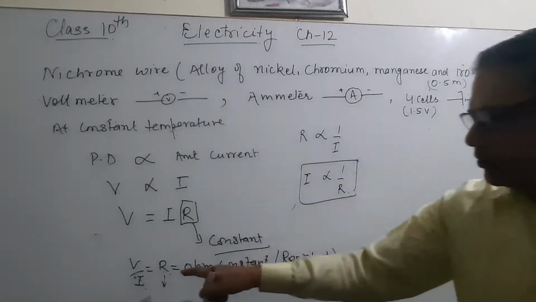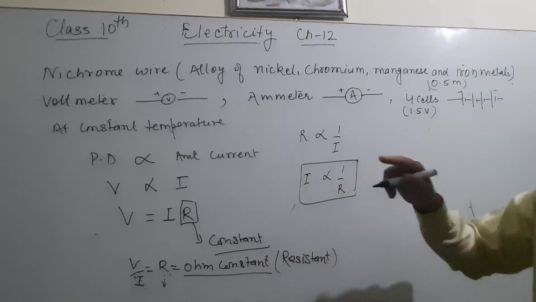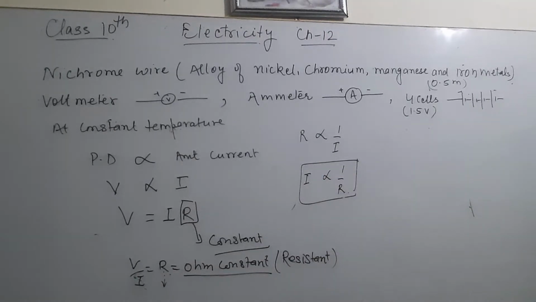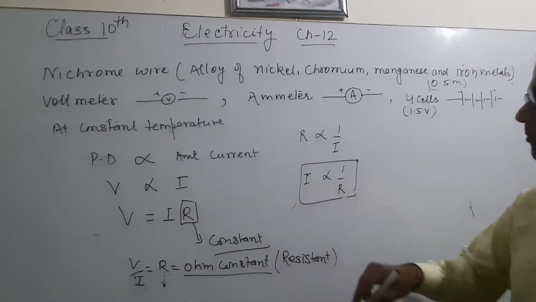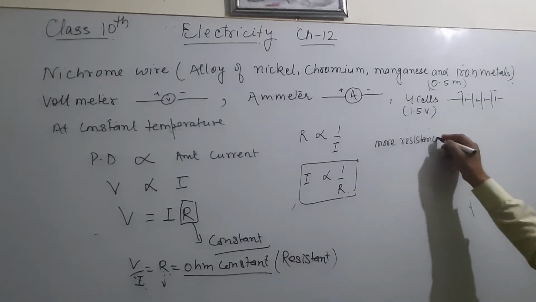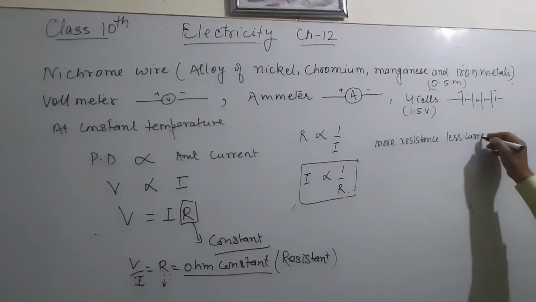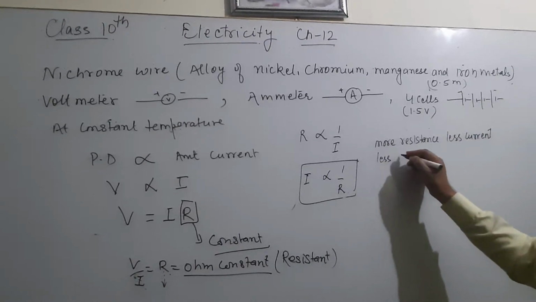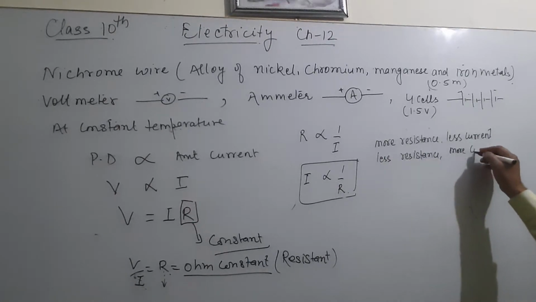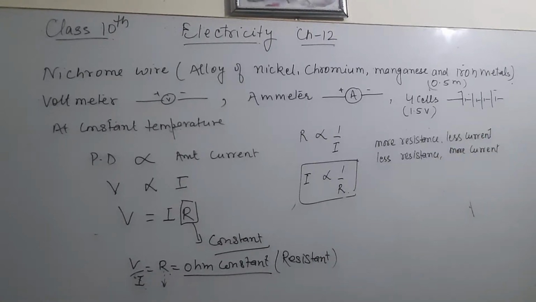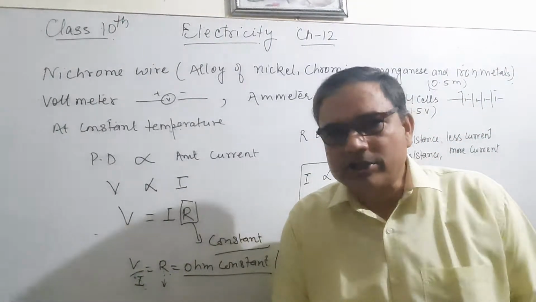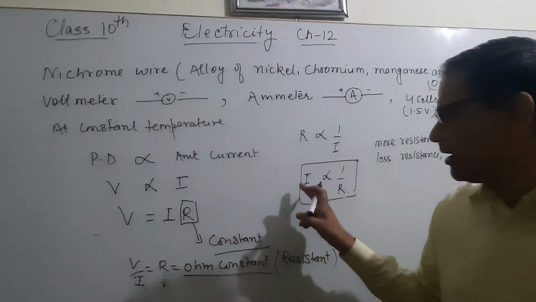According to this, when resistance is more, current will be less, and when resistance is less, current will be more. More resistance, less current, and less resistance, more current. If the resistance of a wire is doubled, then the current will be halved.